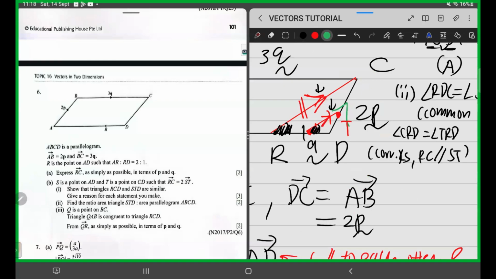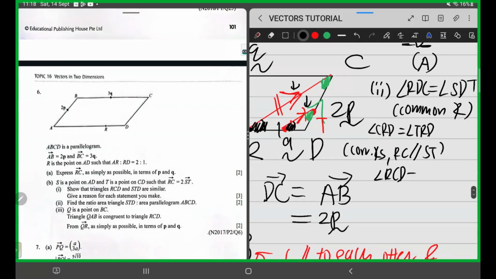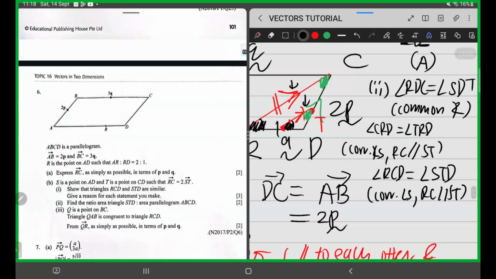Then likewise for the other side, we have a pair of corresponding angles over here also. So angle RCD equals to angle STD. Again, corresponding angles. RC is parallel to ST. So we have 3 angles.